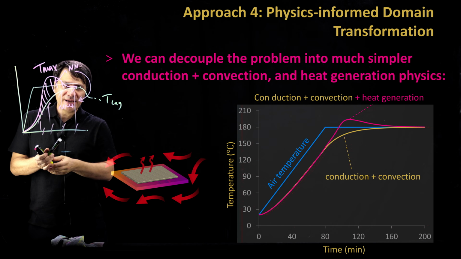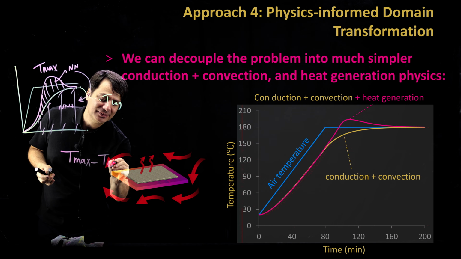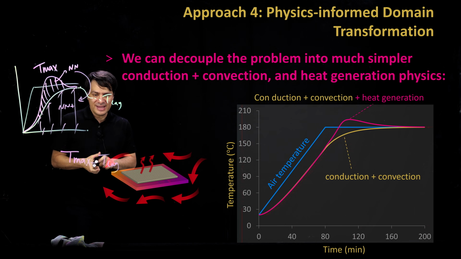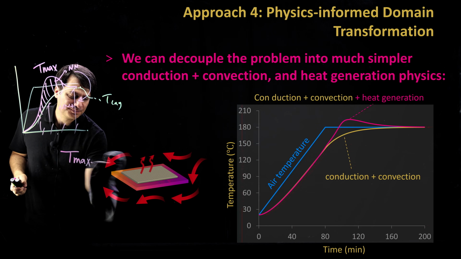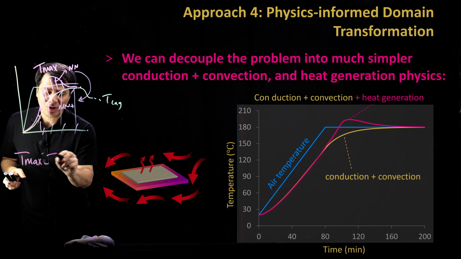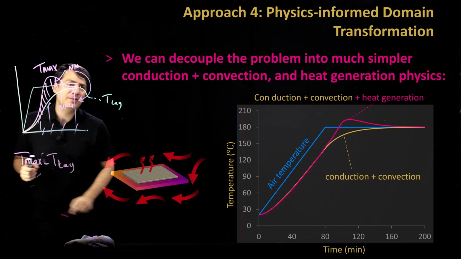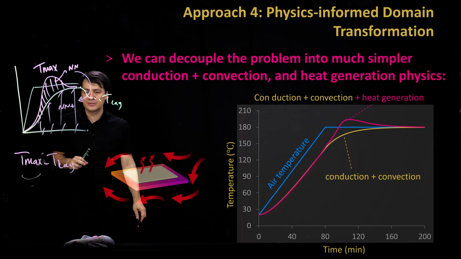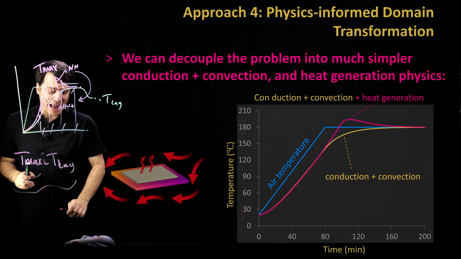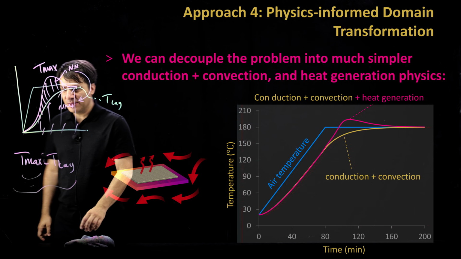You will try to train a neural network that predicts Tmax minus T lag, so neglecting one of the physics. That I call domain transformation, because instead of predicting the original output, you're predicting a new output. So you're going to a different domain, which is guided by the underlying physics.